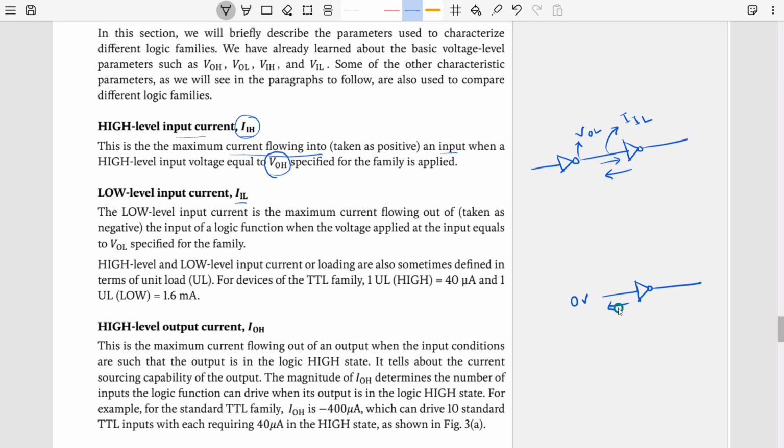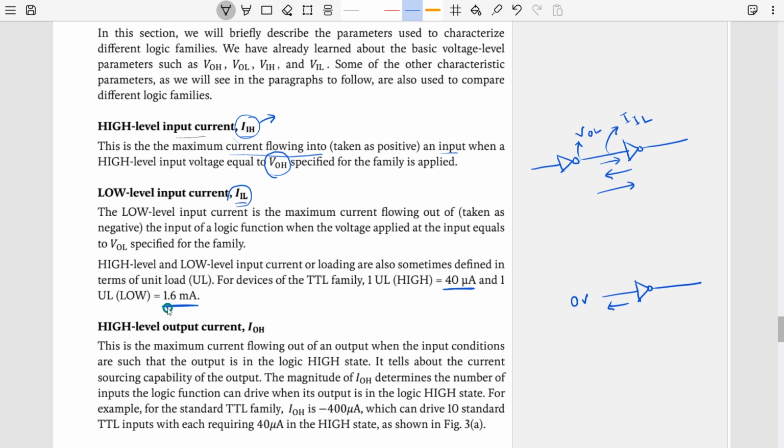In standard cases, when current is going inside in the high condition, this value for TTL is 40 microampere. That is the maximum current that flows inside when we are providing VOH voltage. For the low condition, where current is going out, this amount of current is this one. Why that happens, you will understand when you look at the architecture, basically because of some diode.